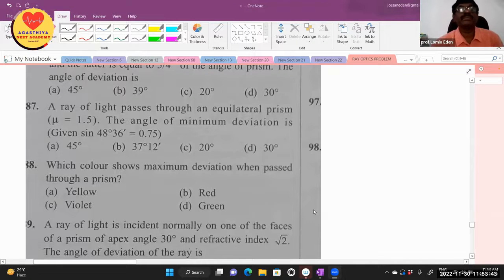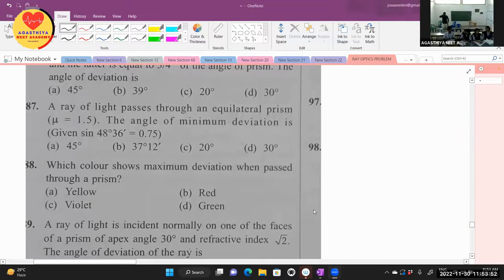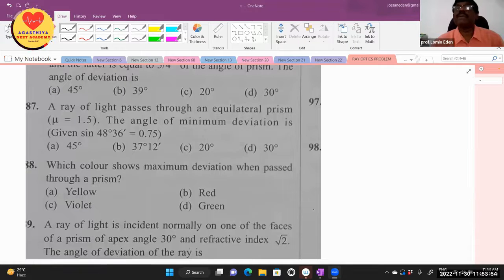Okay, next problem. Which color shows the maximum deviation when passed through the prism? Already, in the last class, we discussed the dispersion. The violet color shows the maximum dispersion. Red color shows the minimum dispersion.